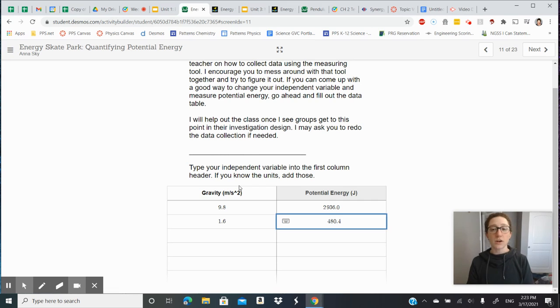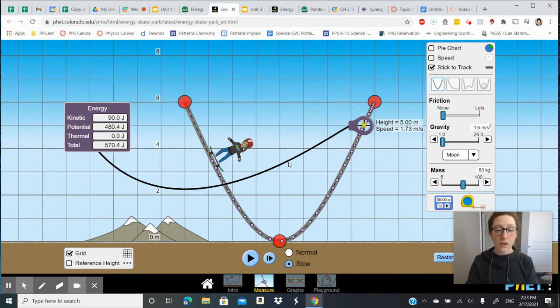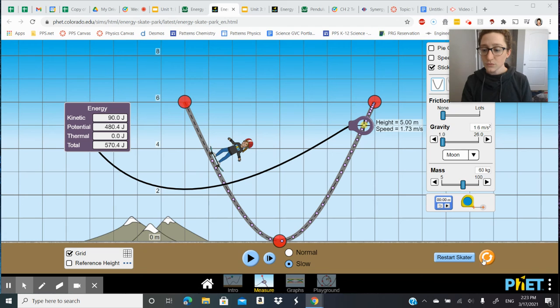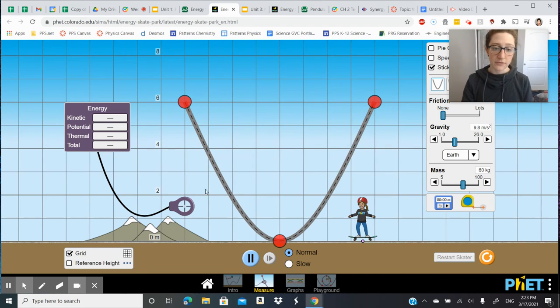It'll work very similarly for changing the gravity and the mass. If I am changing the height, I think you can see how to put that in. You'll be replacing the word gravity with height and putting in meters for your data there. But I'm going to reset everything. I definitely want my grid reference here so that I can see these different heights. I'm going to keep all of these defaults the same.